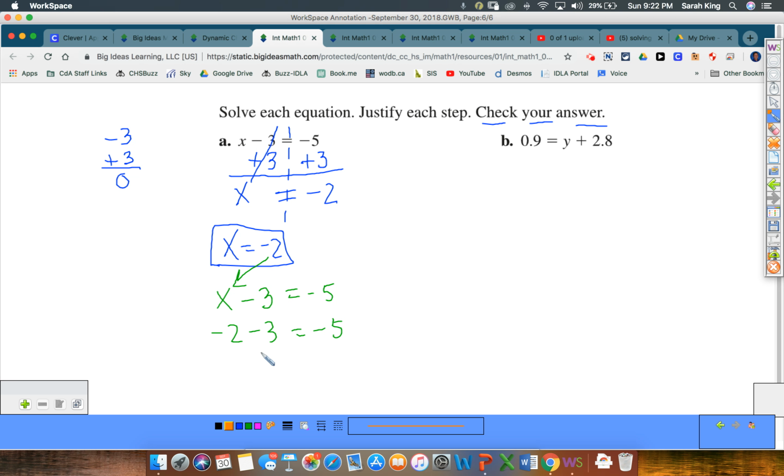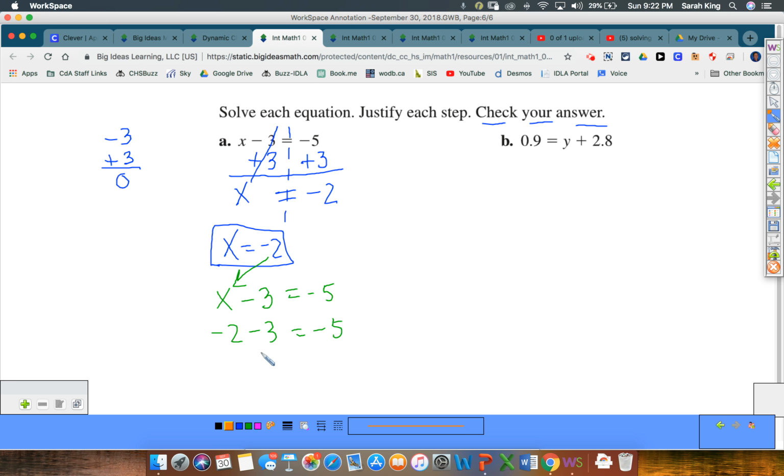It's negative 1.9, I believe. I'll double check real quick. Yep, negative 1.9.